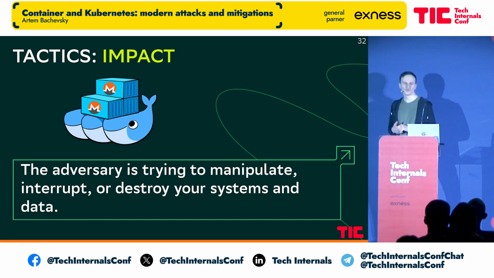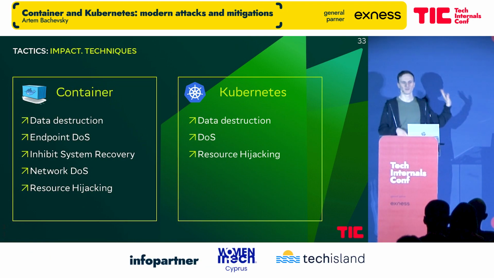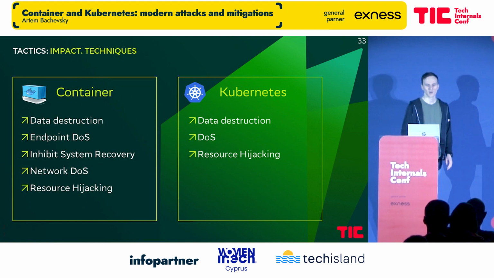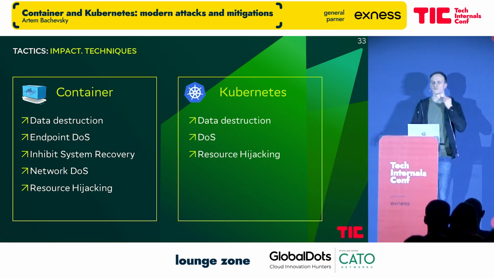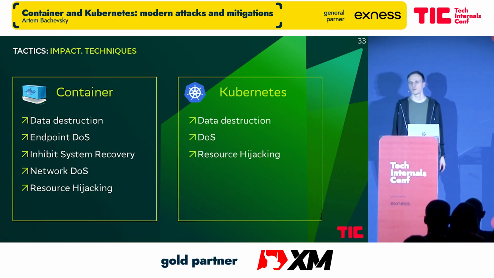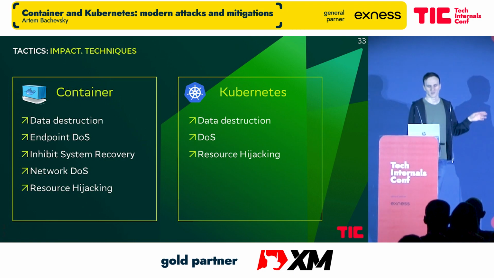The easiest way to do it is just to remove our data or upgrade some numbers in my bank account, or do some regular DoS for endpoints or via the network, or maybe hijack my resources and mine something like Monero on my infrastructure.